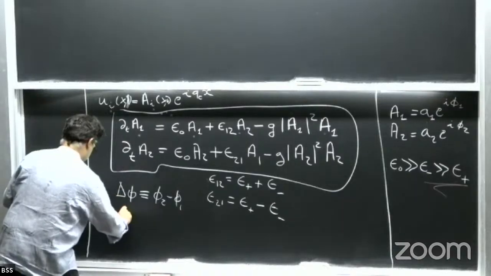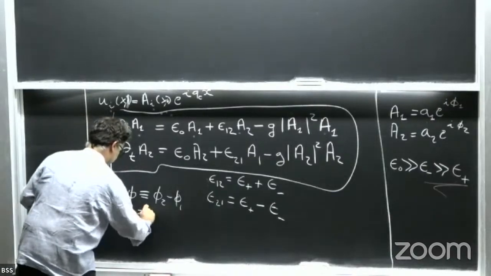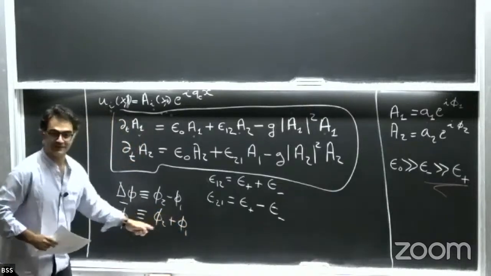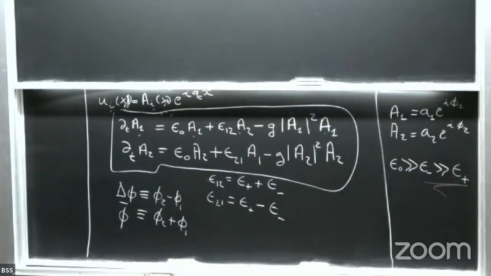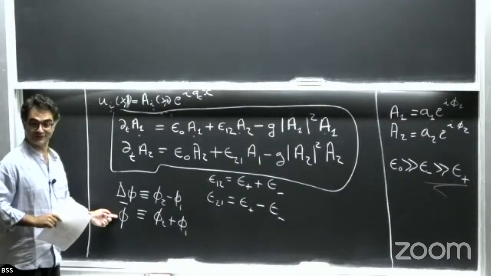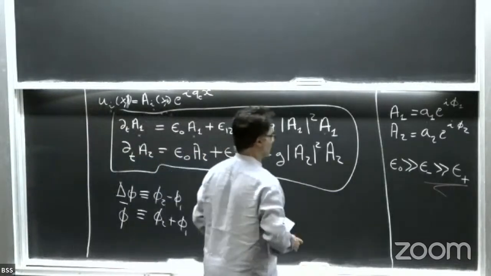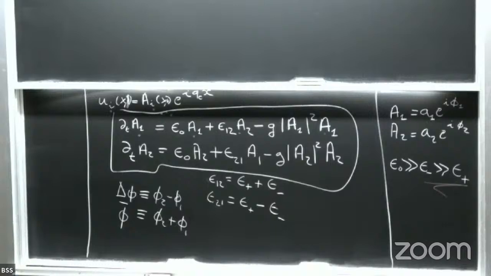And the other one that I'm going to call phi bar is the sum of phi2 and phi1. If you like, this is the center of mass, not of mass. A d/dt, a non-vanishing derivative of this quantity would mean that the patterns are moving. So let's do a little drawing here. Let's do a little drawing. The little drawing is indeed red, blue, yellow, maybe. Okay, let's do it here.